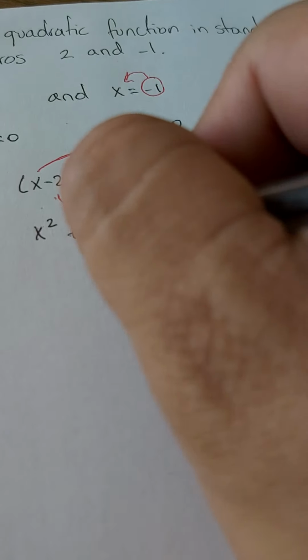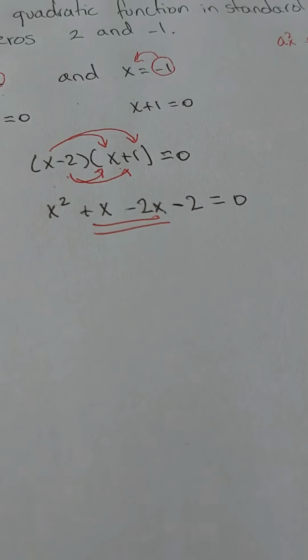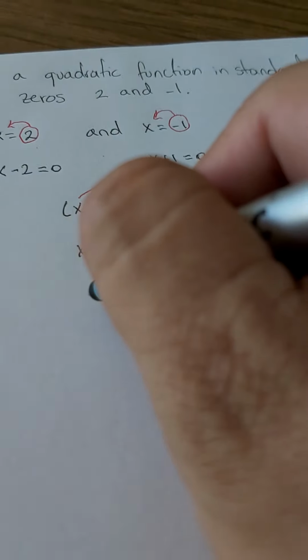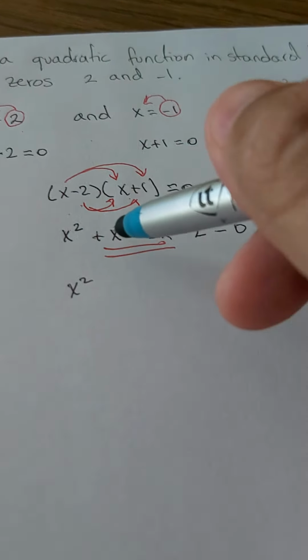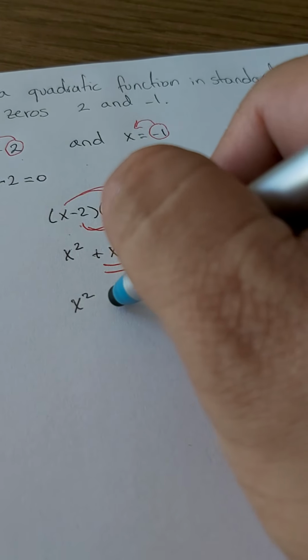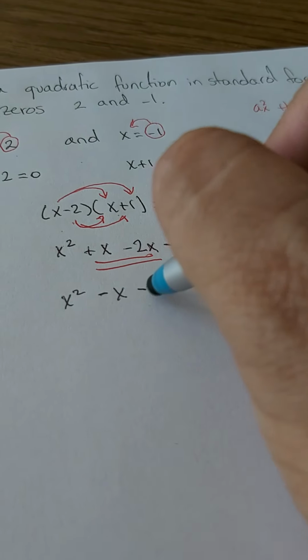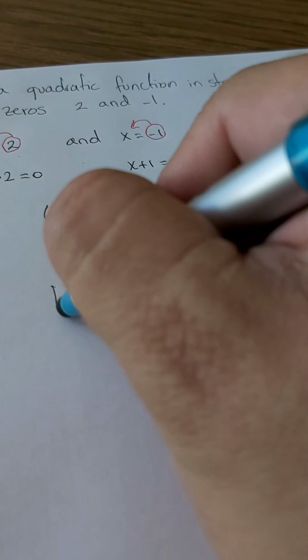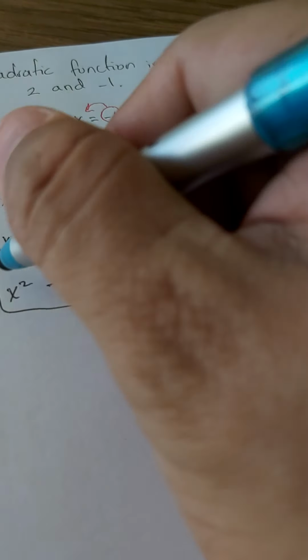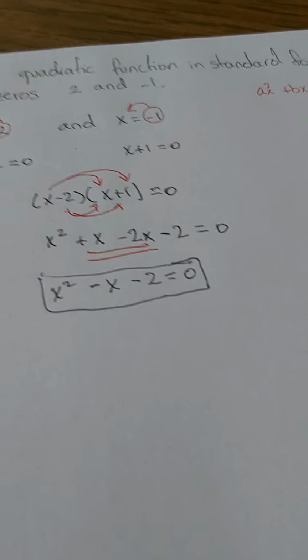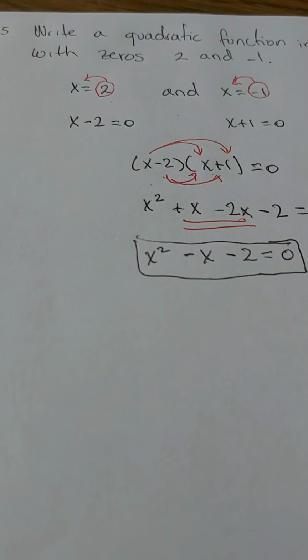Now, we combine like terms, 1x minus 2x. So we get x squared, 1x minus 2x is negative 1x, minus 2 equals 0. And that will be our equation in standard form.